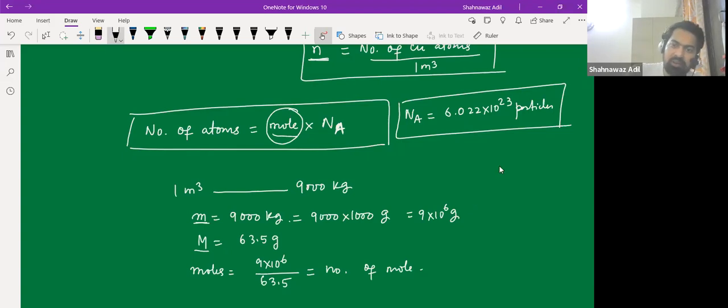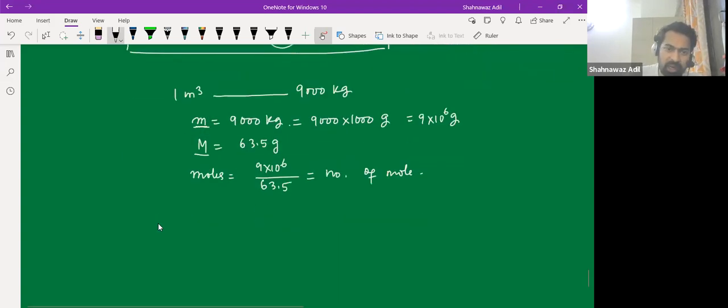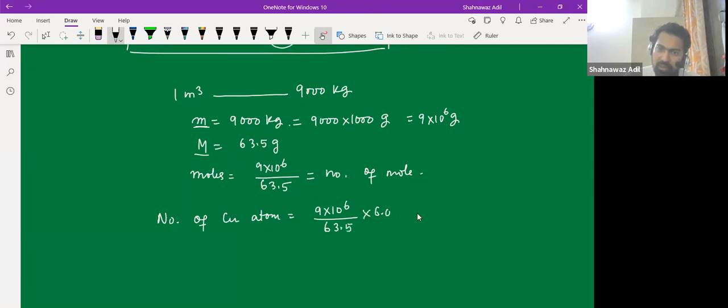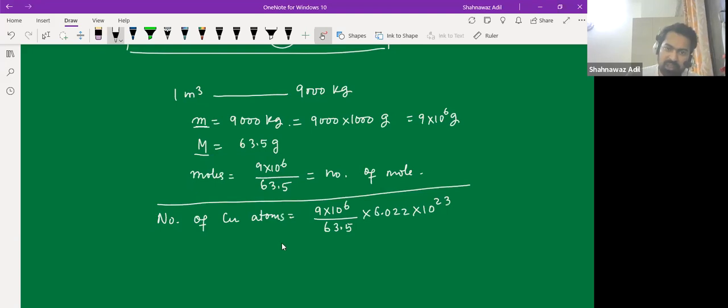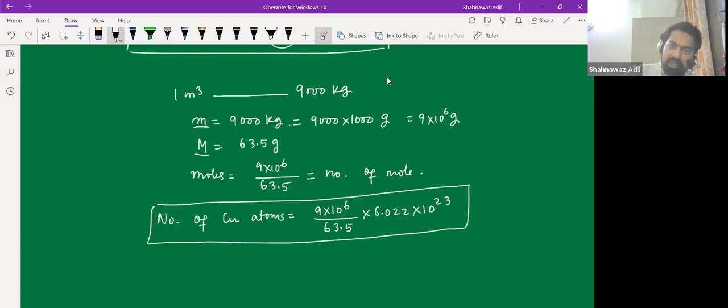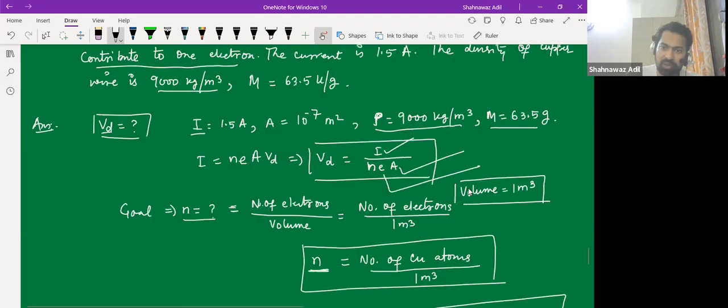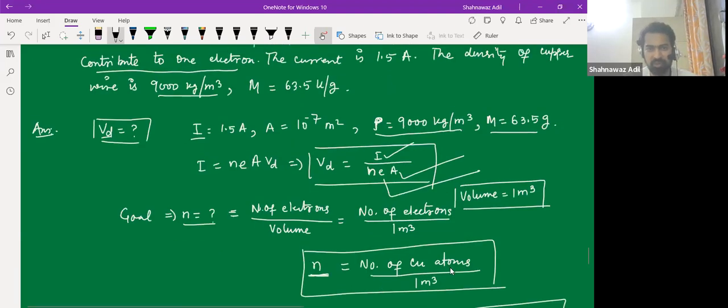And then I want to calculate the number of copper atoms. So this would be the moles, 9 into 10 to the power 6 divided by 63.5, and then 6.022 into 10 to the power 23. So this is my number of copper atoms. This was the code, number of copper atoms, right?